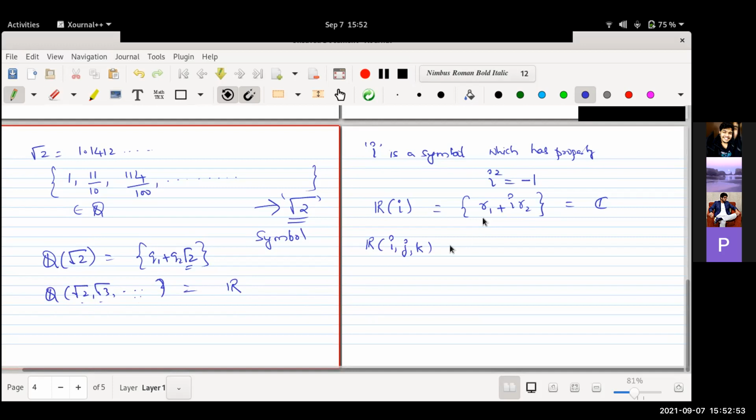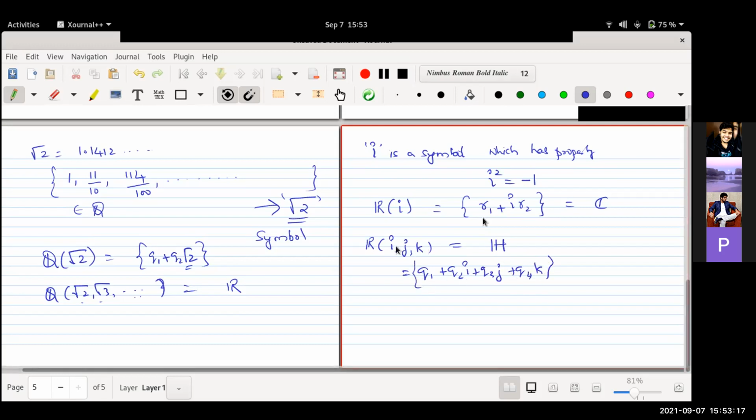So here this one has become your quaternion H. Does that make sense? Yes, sir. This is nothing but Q1 plus Q2 I plus Q3 J plus Q4 K.